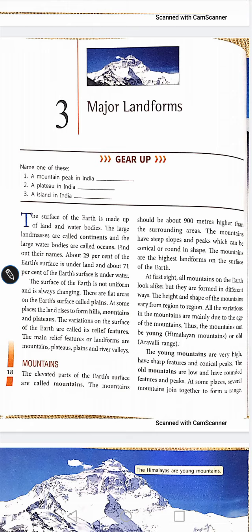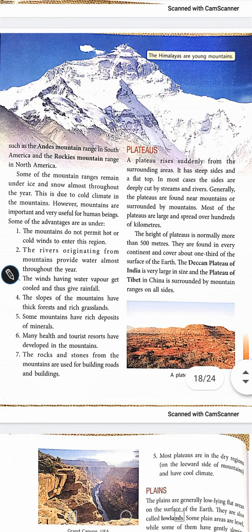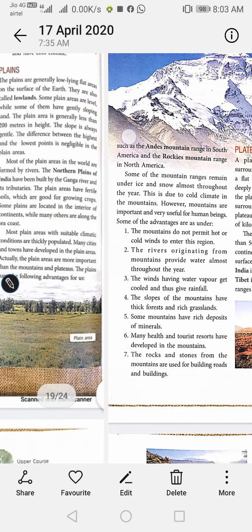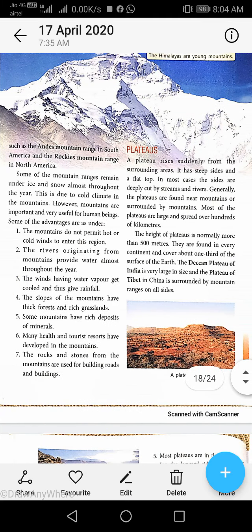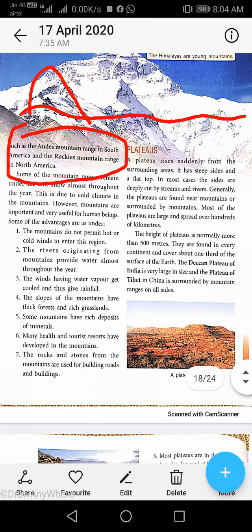At some places, several mountains join together to form a range, such as the Andes mountain in South America and the Rockies mountain range in North America. The range means, like this, we have a flat. Now this is another mountain, this is another mountain, this is another.